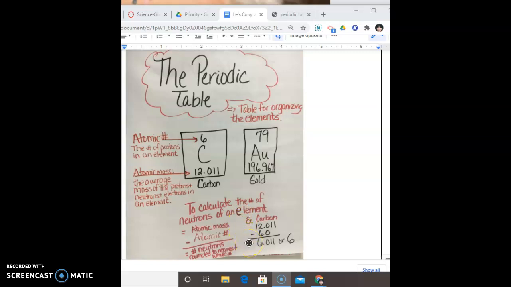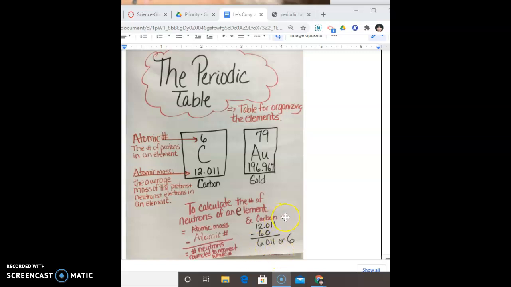It's going to ask you how many neutrons are in the element, and you're going to have to be able to calculate that. And it's as simple as taking the atomic mass, and I use carbon for my example here. We're going to take the atomic mass of carbon and subtract from that the atomic number, and that will give you the number of neutrons, rounded to the nearest whole number.